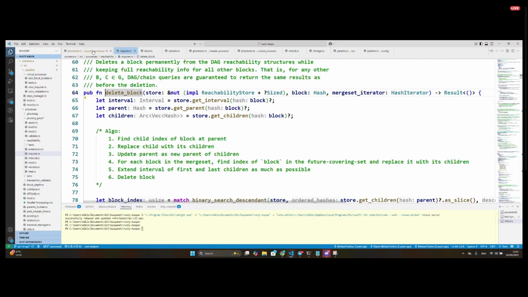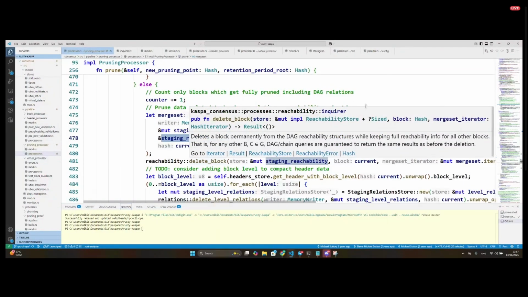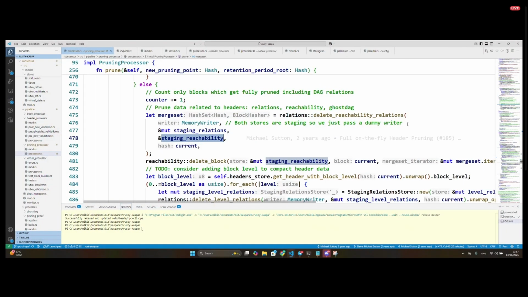Our code is actually written in a way that you have staging stores. When you do any reachability operation, unlike the headers stores, it's not append-only data. Like I told you, it mutates information in the proximity of that block when you add a block, and the same goes when you delete a block.